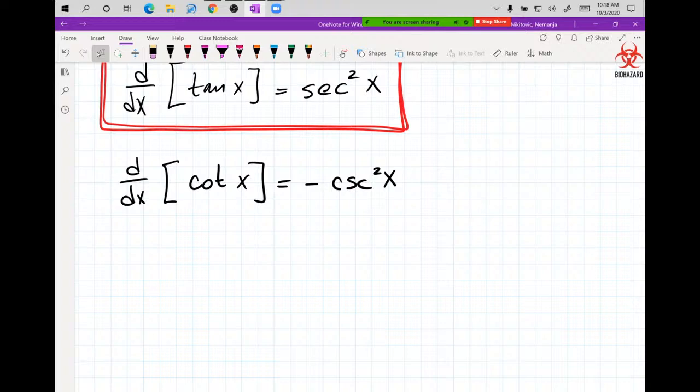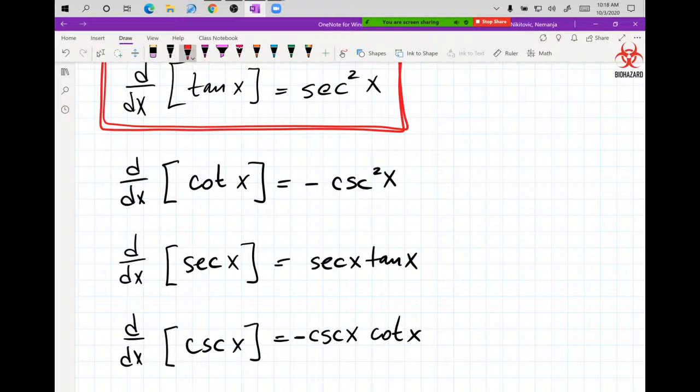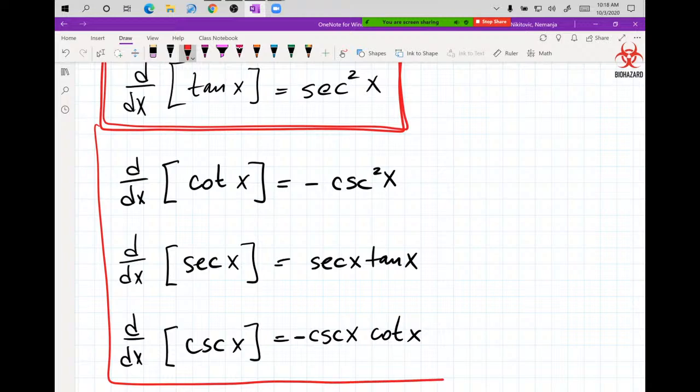We have the derivative of secant x, which would be secant x tangent x, and finally the derivative of cosecant x, which would be negative cosecant x cotangent x. And I'm just going to put those in another box.